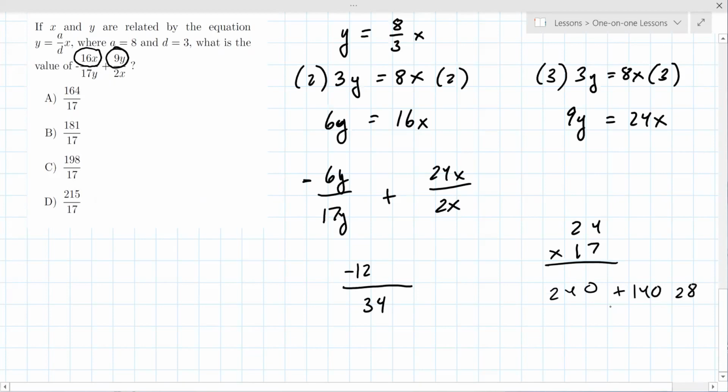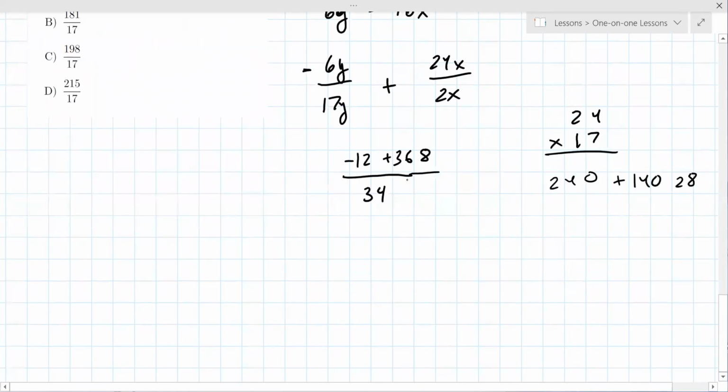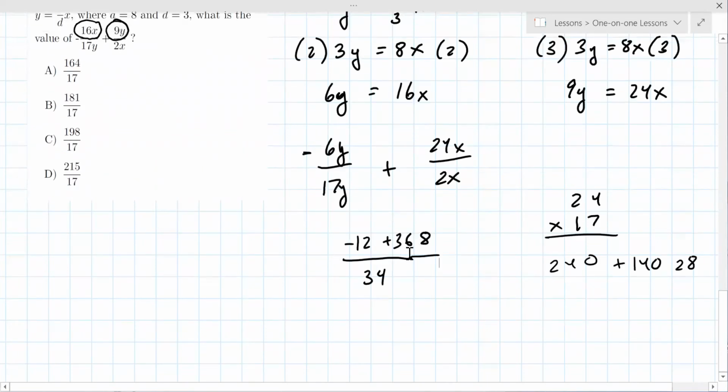So you can make some shortcuts to do it this way. This is 340, 368. And then the numerators combine into 356, and then you can cut both of those in half.